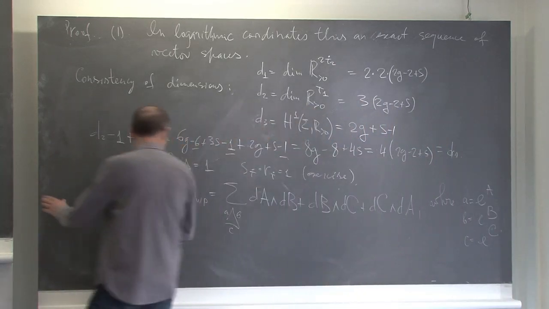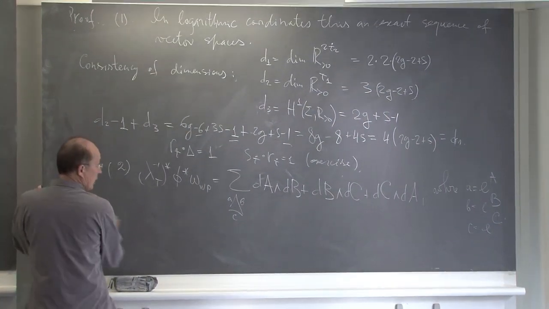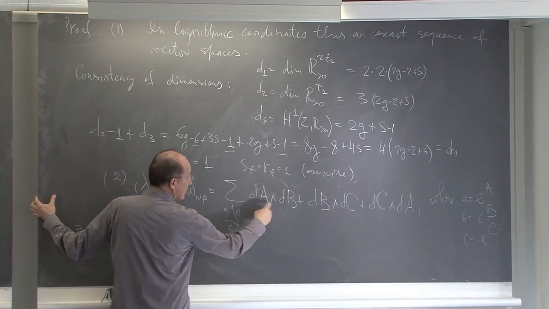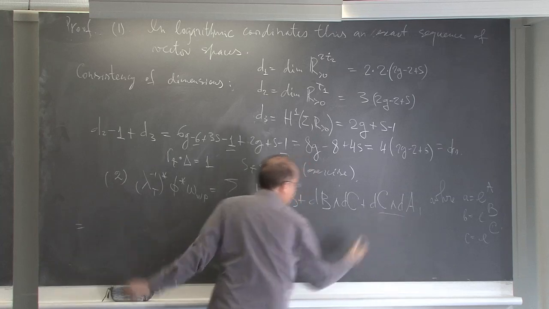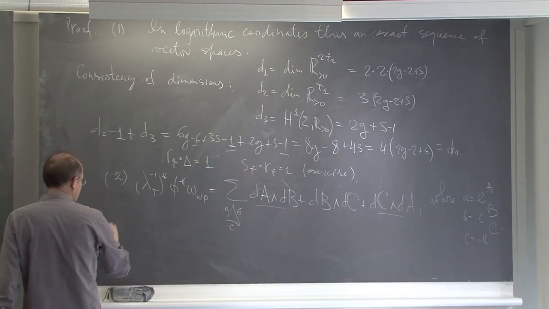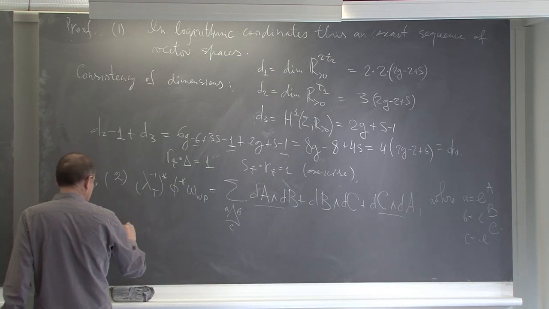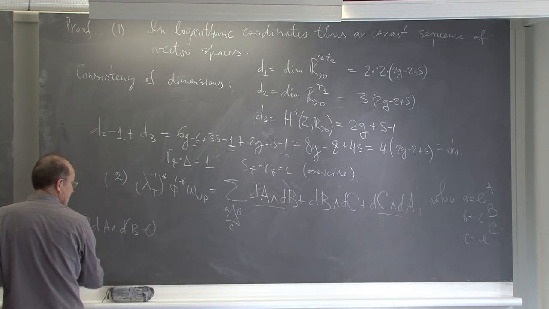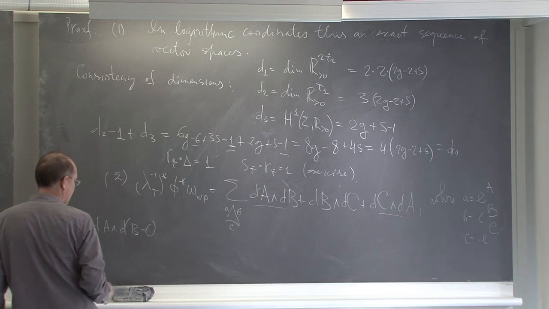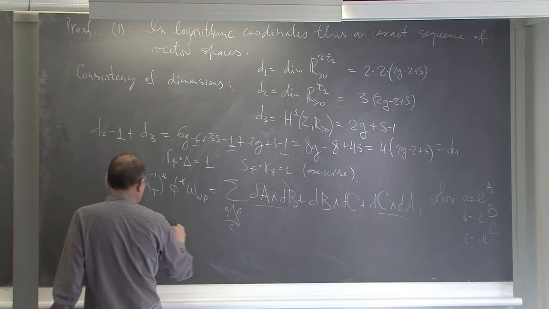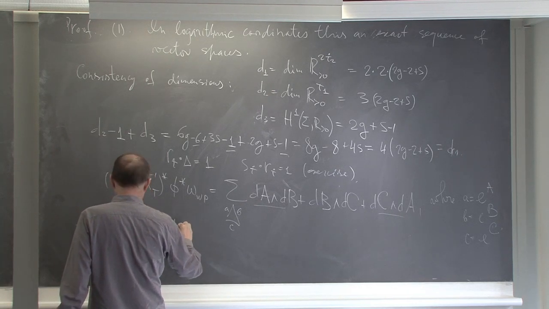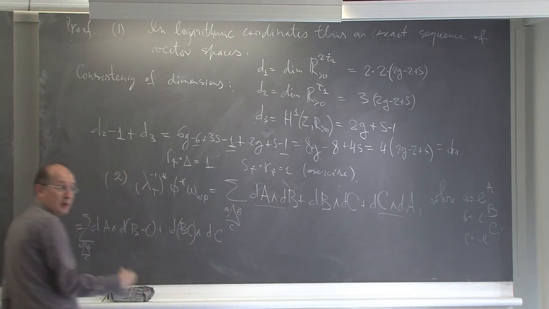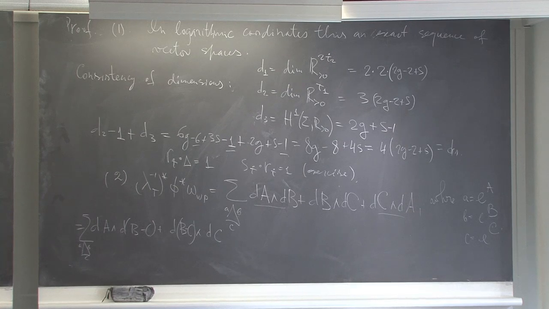Then what we collect, for example, we collect the coefficients of dA, which is the first term and the last term: dA wedge (dB minus dC), same for ABC, plus dB, because the wedge is antisymmetric.